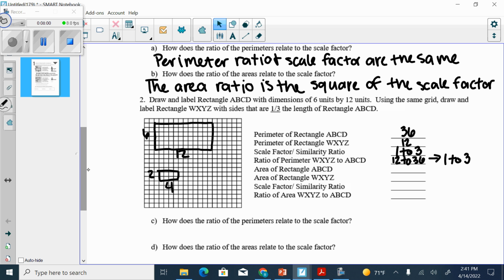All right, then they ask what would be the area of our first rectangle? 72. And what would be the area of our second rectangle? 8. Very good. And again, what's the scale factor? 1 to 3. But then they want the ratio of the areas. So that would be 8 to 72. And 8 to 72 simplifies to 1 to 9.